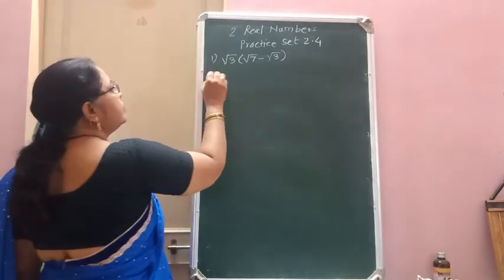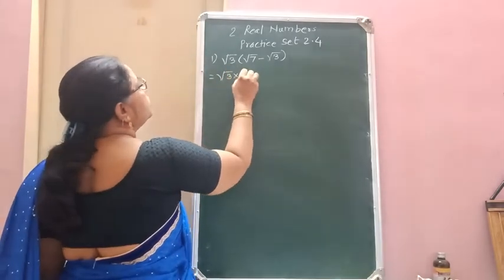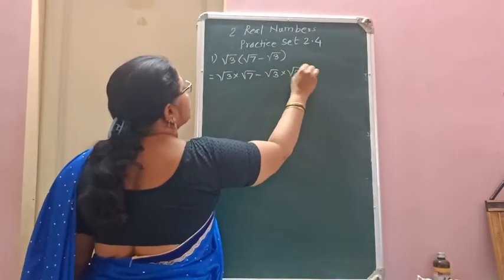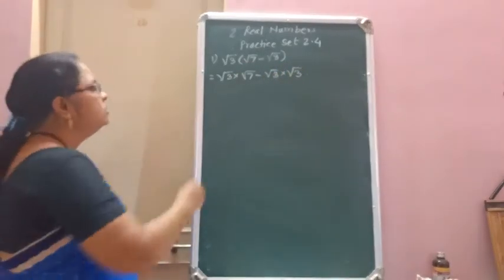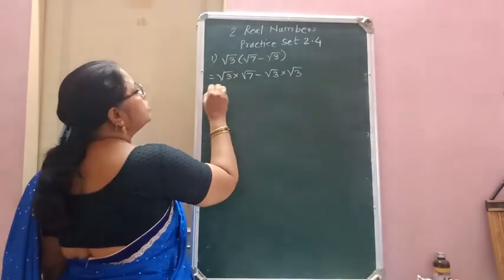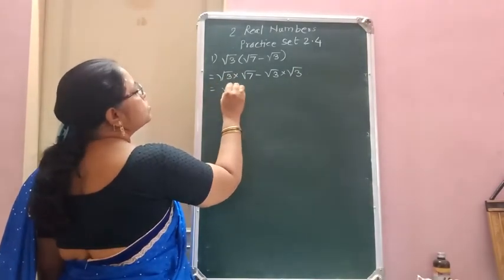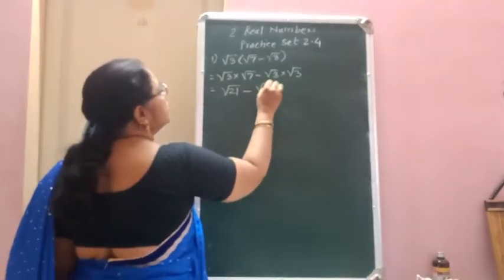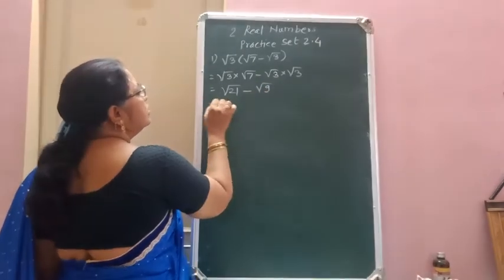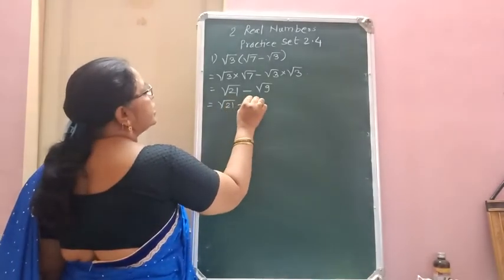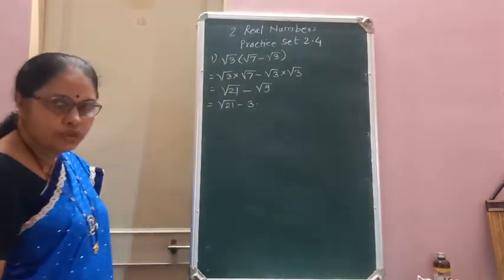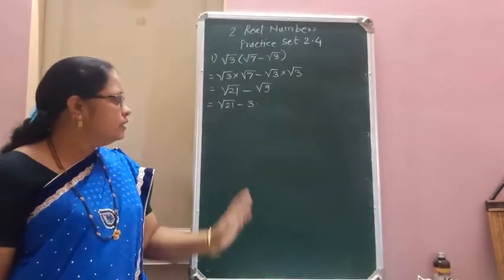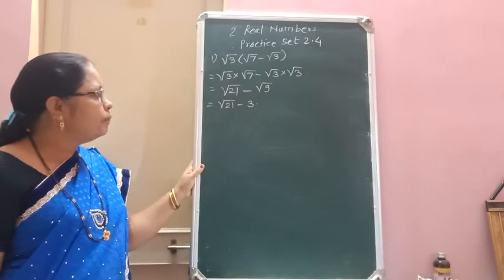So first we multiply root 3 into root 7, minus root 3 into root 3. Now the multiplication of these two terms, order is the same, so root 21, and root 3 into 3 is root 9. Root 9 we can write as 3, because we know that the square root of 9 is 3, and in this way we can multiply.